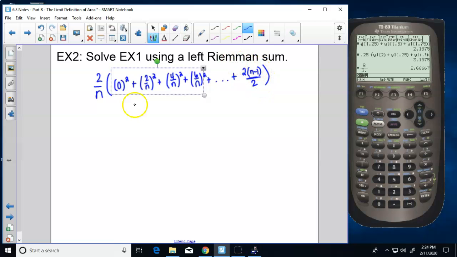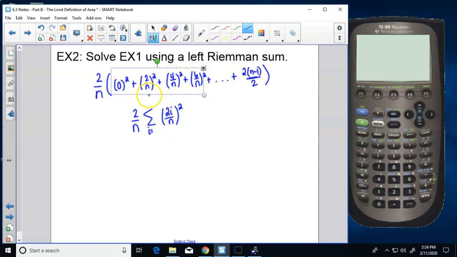So if I tried to write this using summation notation, I would have 2 over n. I would have the sum. This time, I could still do the same sum, the 2i over n squared, right? Because I've got even numbers here, so that 2i over n will count up by even numbers.